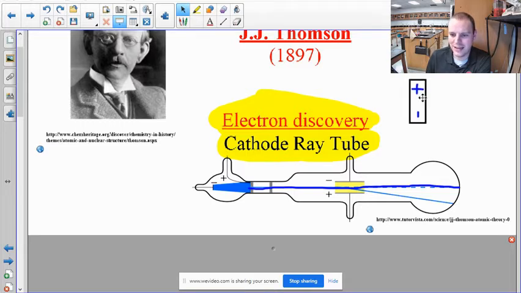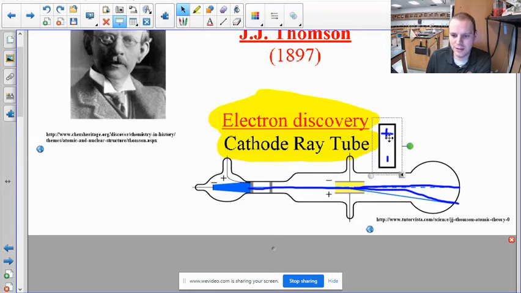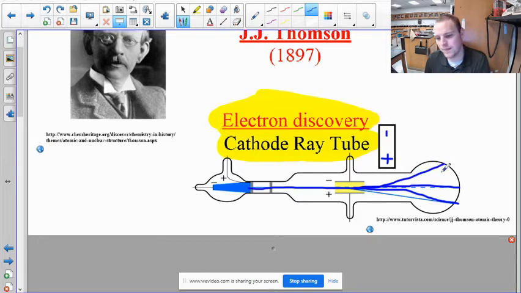When he took a magnet and held it this way with the negative end, this beam would bend away from that negative end. When he flipped it around, so when he held the positive end this way, that beam would become attracted to that, and it would bend upwards like this.